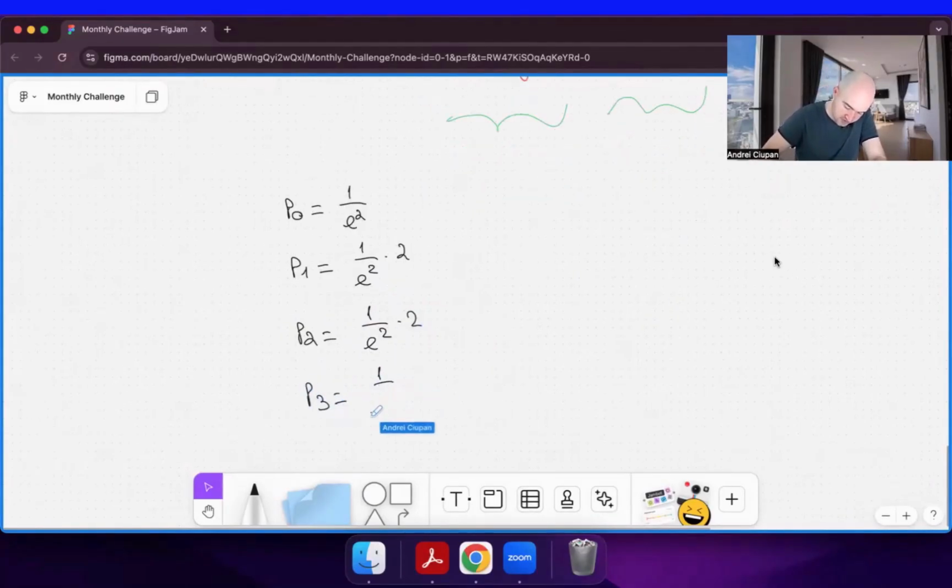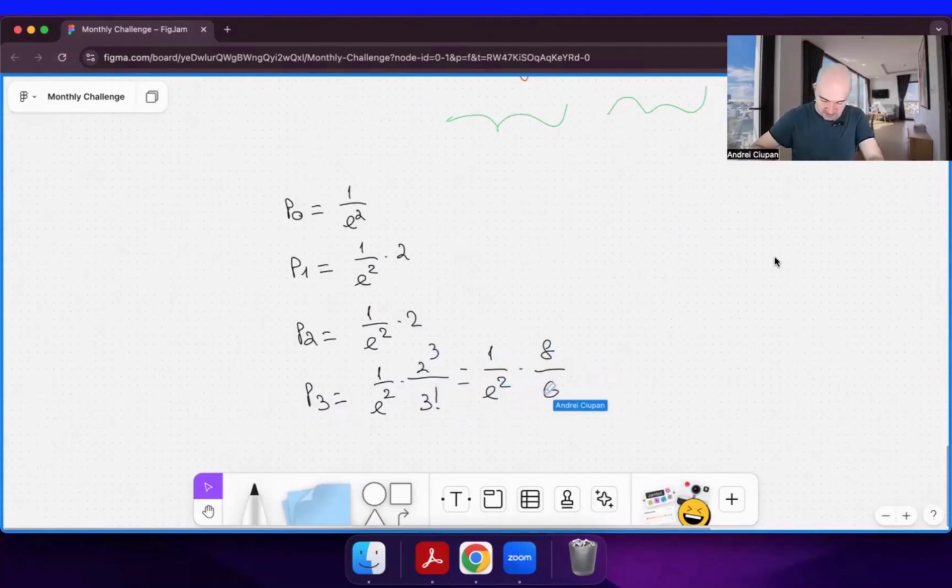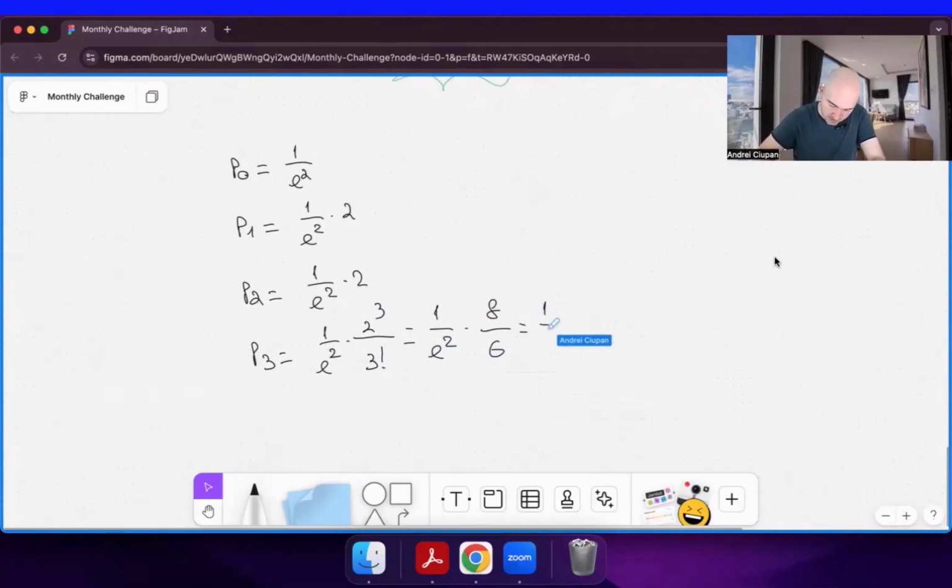P3 is 1 over e squared times 2 to the 3, divided by 3 factorial, which is 1 over e squared times 8 over 6, which is 1 over e squared times 4 over 3.